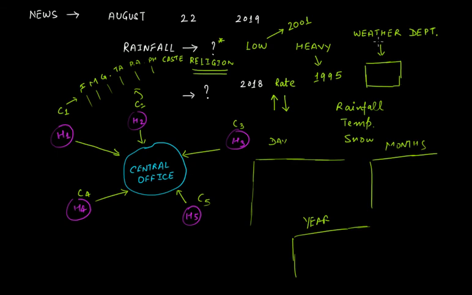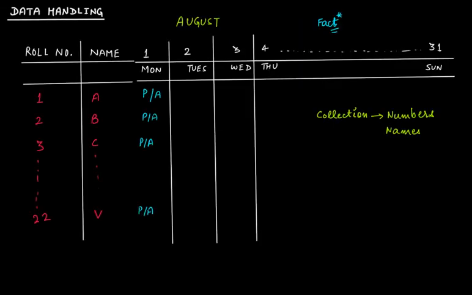Of course they would have some policies about who can have access to the database, who can retrieve the data from this database, and what part of the information stored with these offices can be made public so that anybody can access it, right? So all these things come under data collection and then data handling.